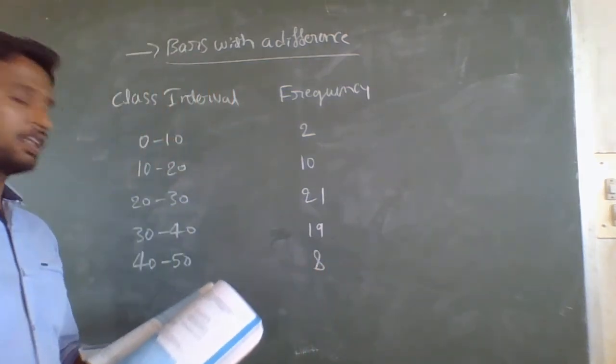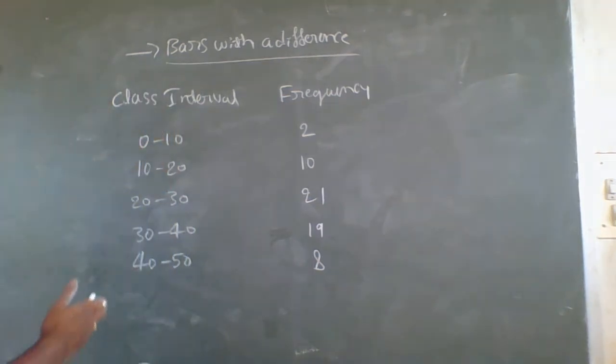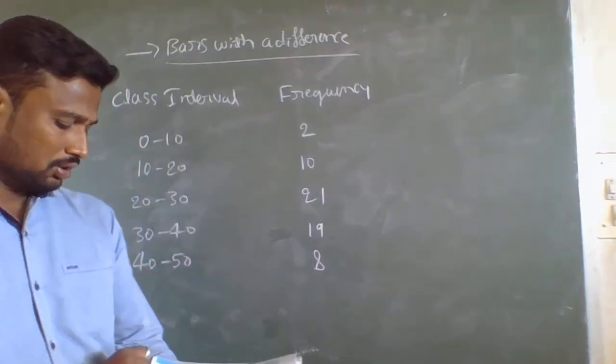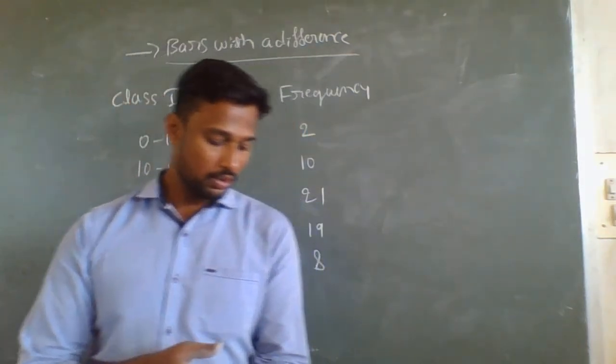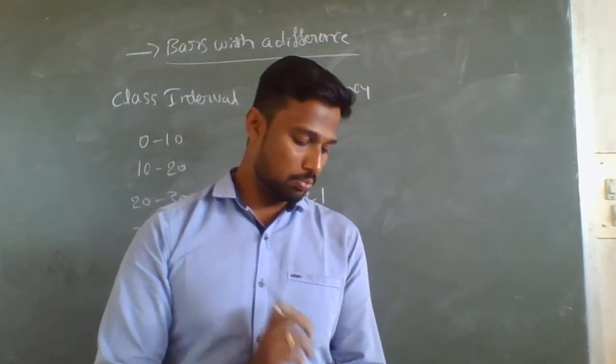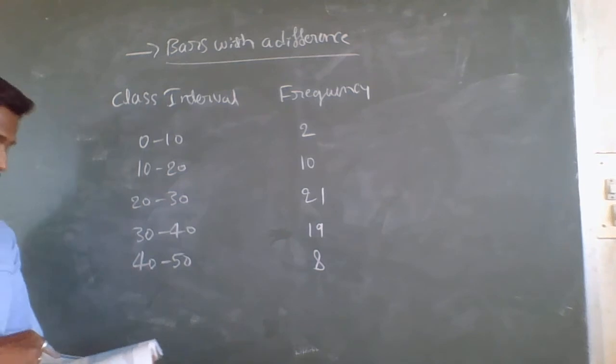They have given 50 to 60, but I will consider 40 to 50 because the exam is only for 50 marks. How can one student get marks from 50 to 60? It is not possible.